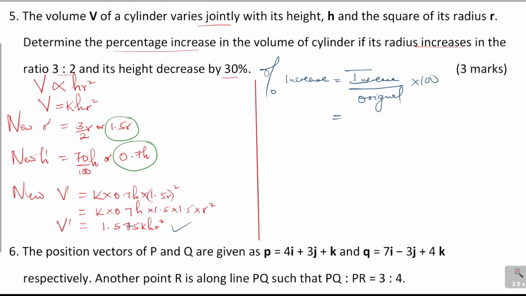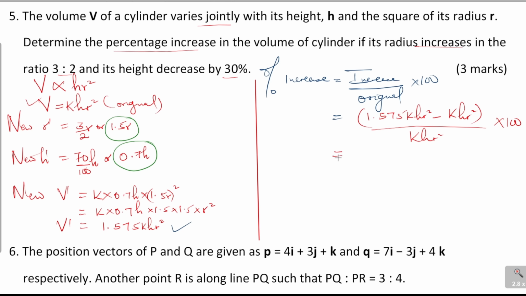By taking the new volume, which is 1.575 k h r squared, then subtract the original volume. The original volume is k h r squared. So that is the increase. Divide by the original, k h r squared, and then multiply that by 100.